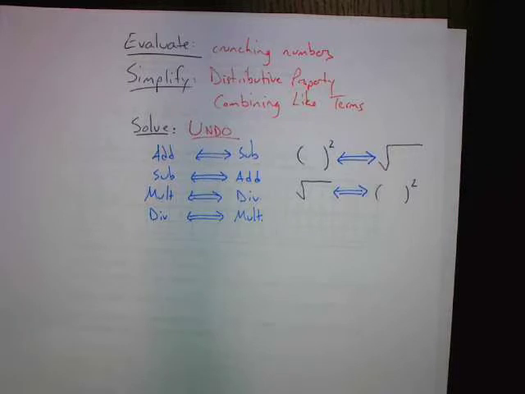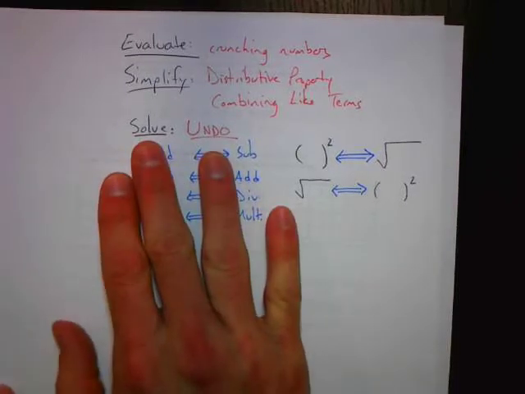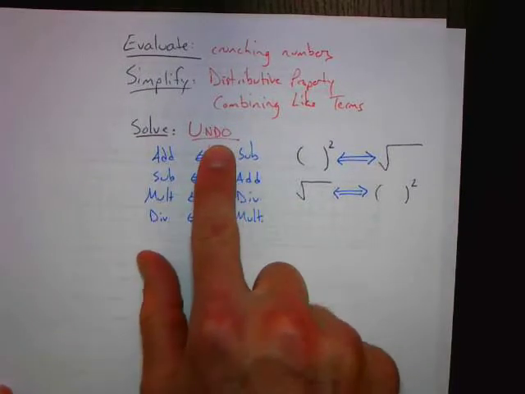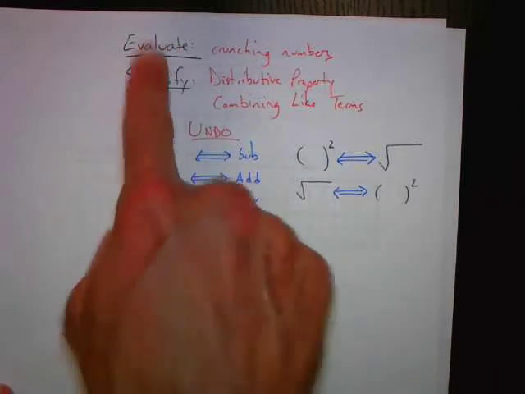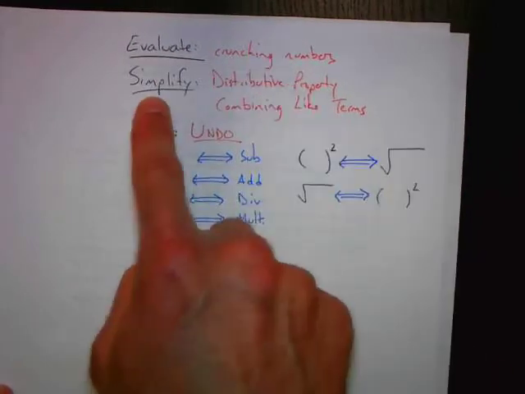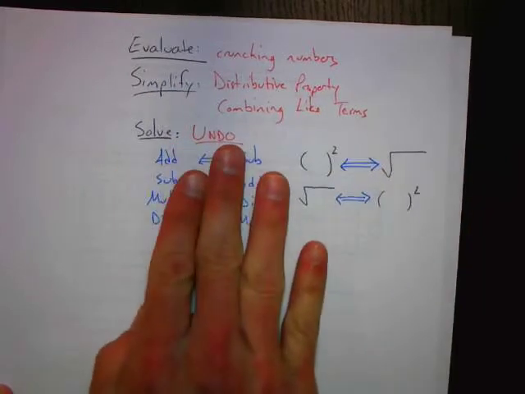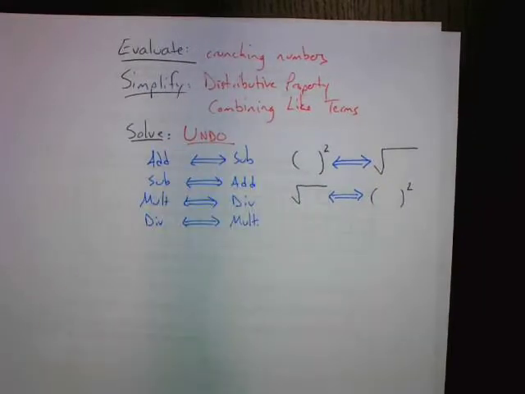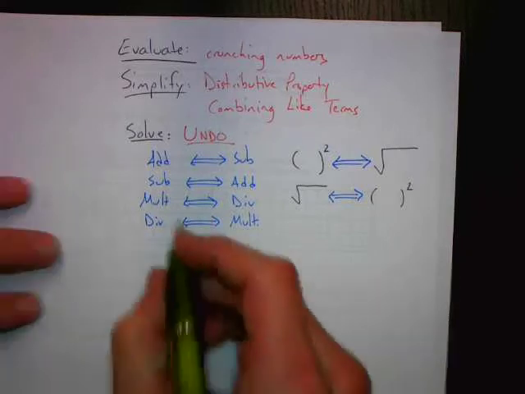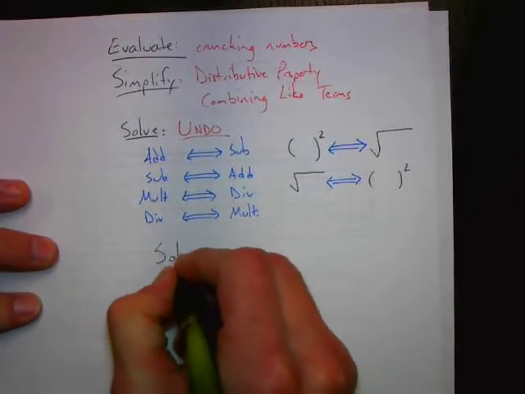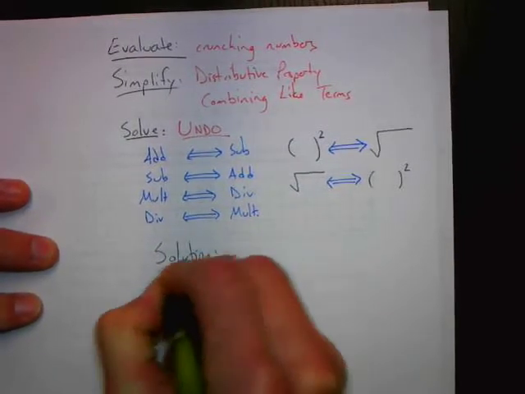And that's the whole purpose of solving. So when you read solve, you're thinking undo. When you read evaluate, you're crunching numbers. Simplify, just distributive property and combining like terms. Solving, you're undoing things.